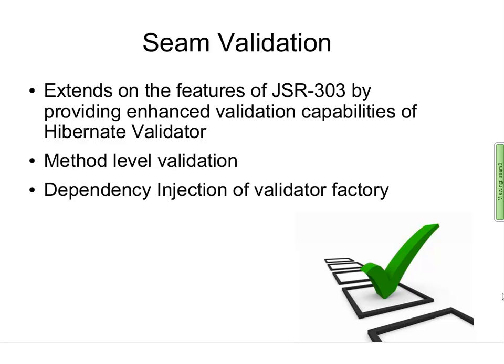This can be a real time saver because it eliminates the need to perform explicit parameter validation within the body of your method. So you can simply annotate the parameter as not null, for example, and a validation exception will get thrown if the method is invoked with a null value for that parameter. Besides that, it also allows you to inject a validator factory directly into your beans to give you low-level access to the validation API.